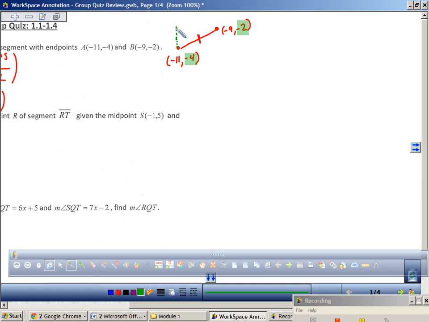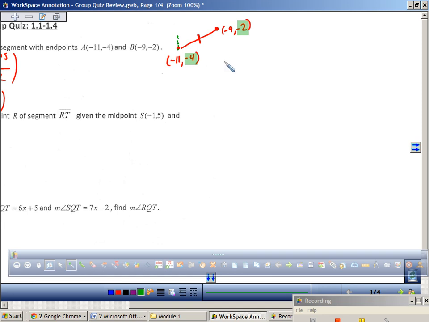2. What would be the middle of that? 1, right? If I wanted to stop halfway from -4 to -2, wouldn't that just be up 1? Correct?